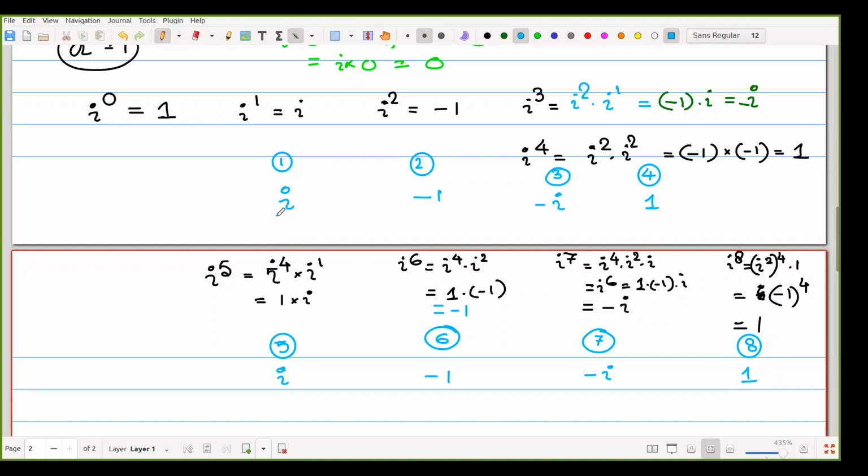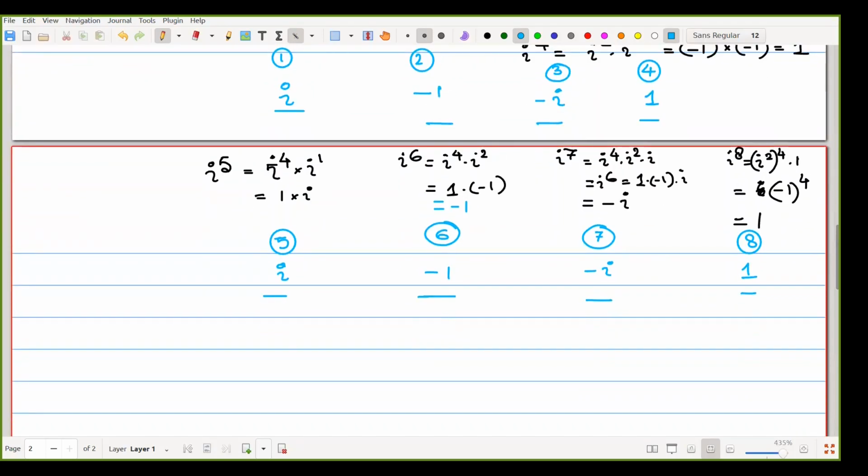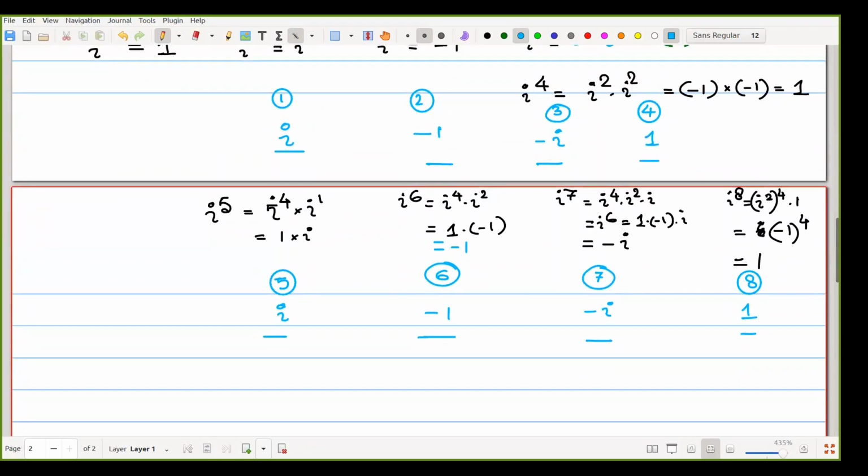i, -1, minus i, 1. i, -1, minus i, 1. So that means the values repeat in cycles of 4. For every fourth power, the values repeat.